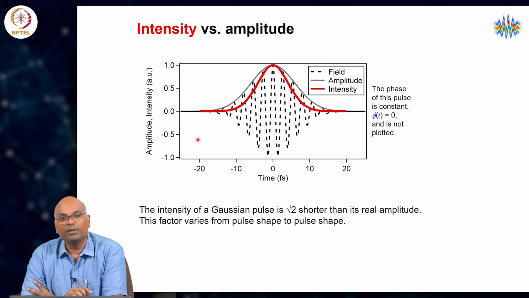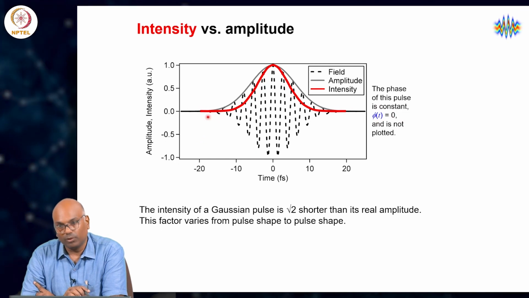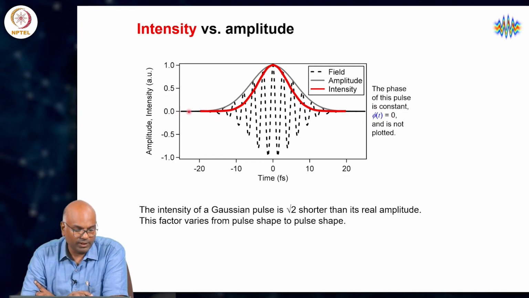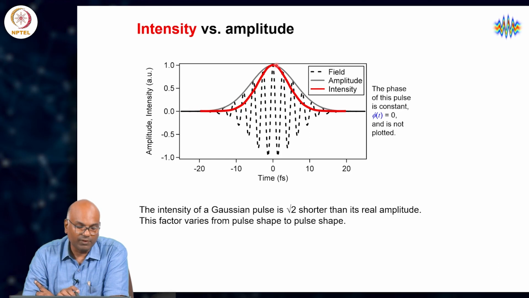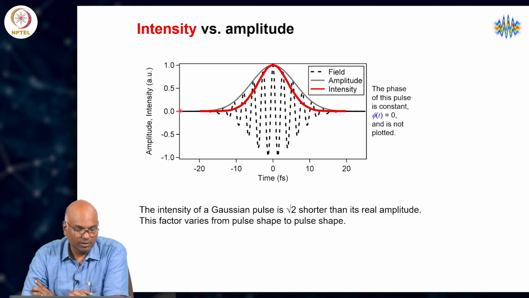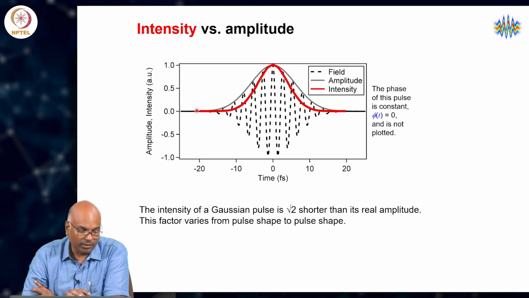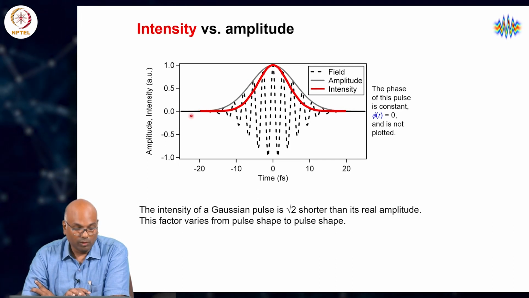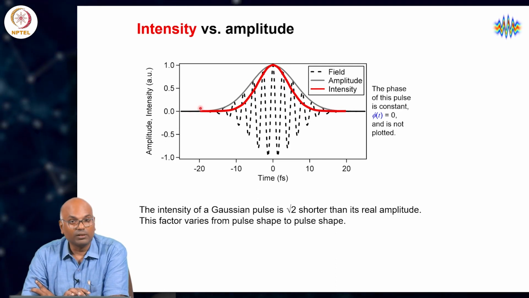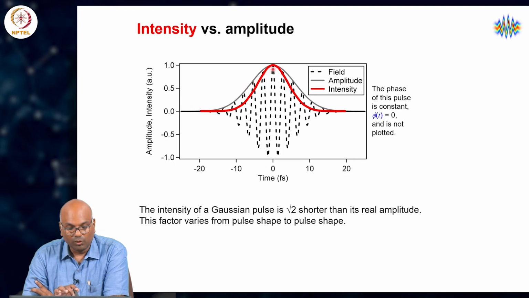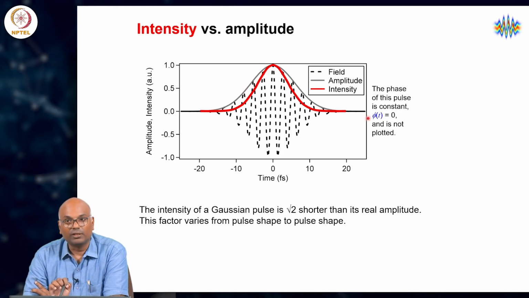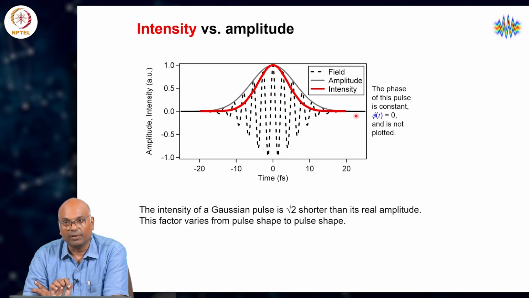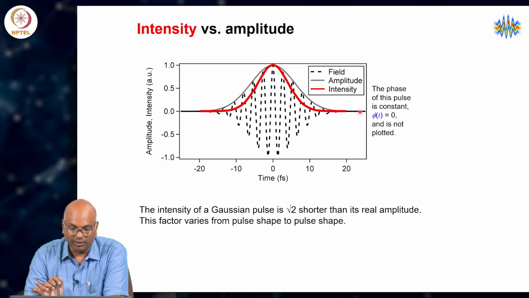The values of time that we should really be concerned about are only those where the amplitude is appreciably away from 0. Everywhere else it is essentially negligible, albeit the Gaussian function never really goes to 0 except in the asymptotic limit of the variable t going to infinity, right?